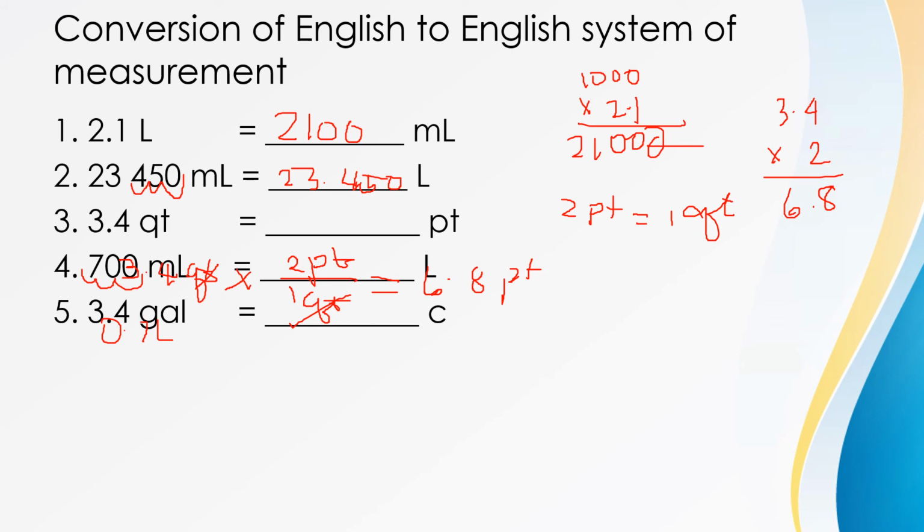Gallon to cup. So, ito ngayon ang medyo komplikado. Okay, guys. To answer this, we need the 3 conversion units or the fraction units. So, we know that 4 quarts equals 1 gallon.